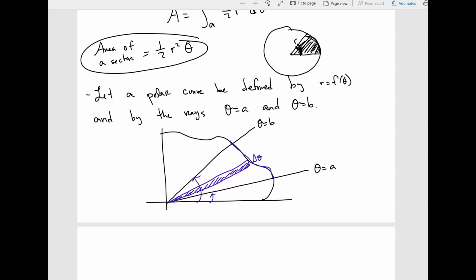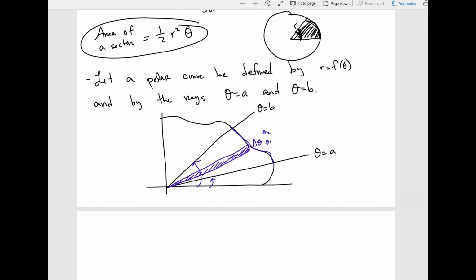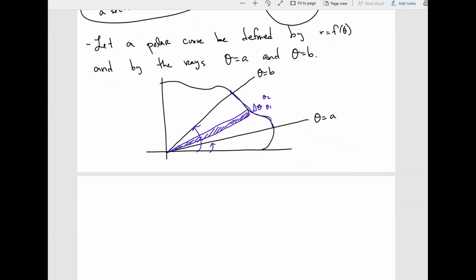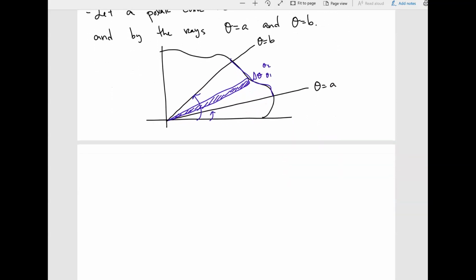We're doing it from theta 1 all the way to theta 2. The difference between them will give you delta theta. We're going to do it for some arbitrary theta, so delta theta equals theta i minus theta i minus 1.